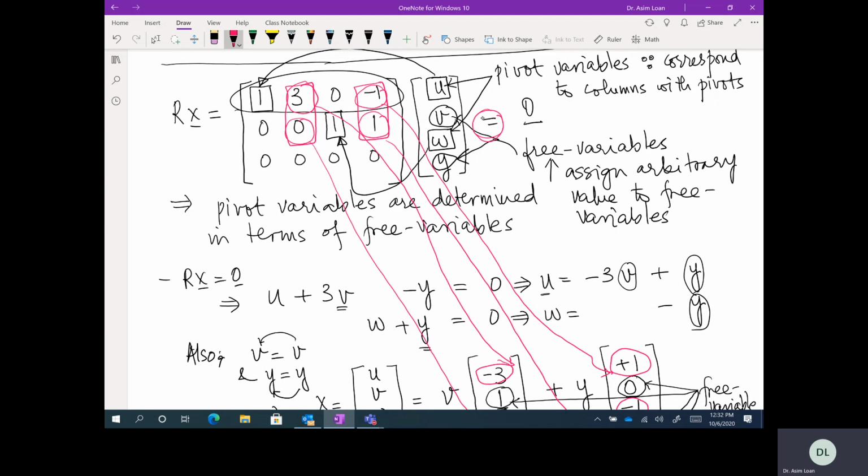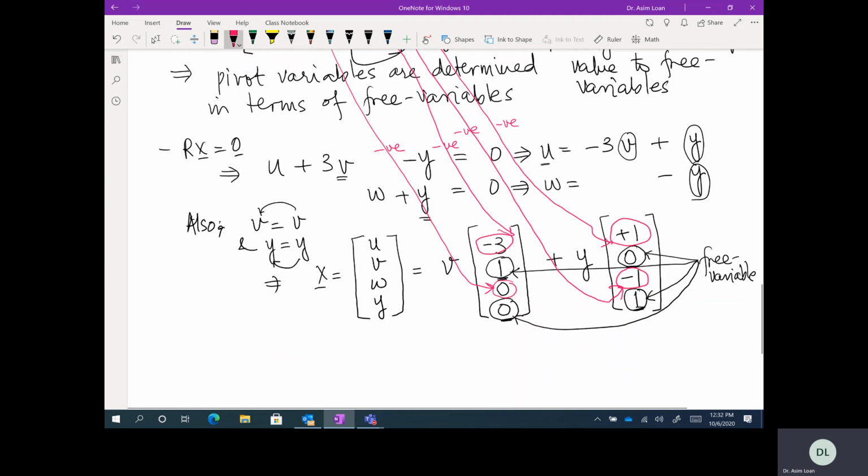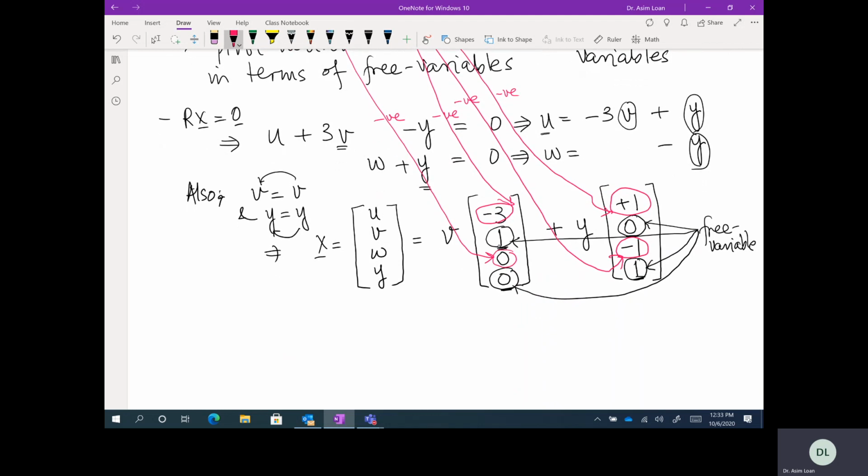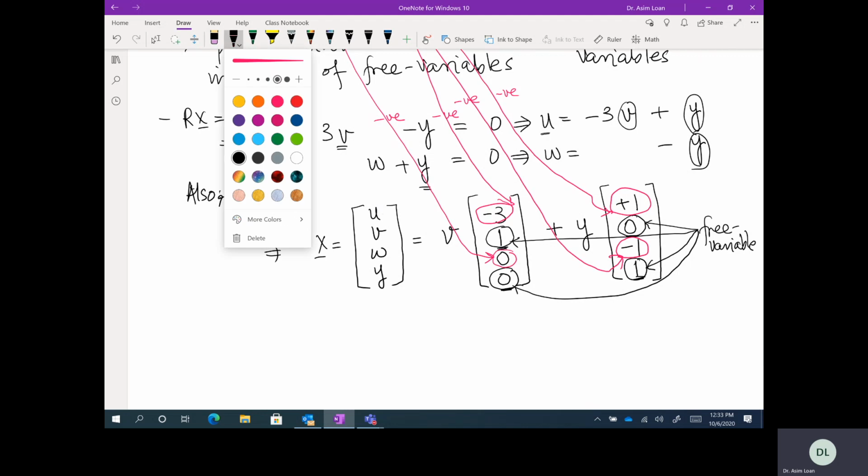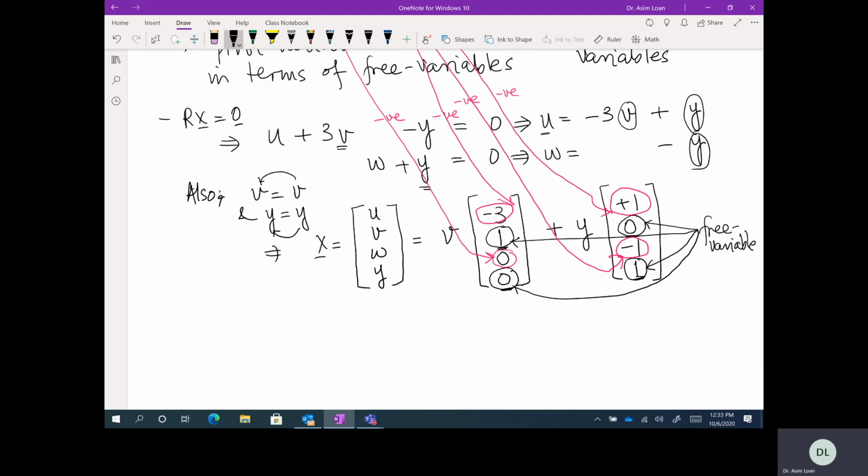So everything that is on the left of the equal to sign, when it goes to the right, becomes a negative in the solution, and your free variables alternately take the values 1 and 0. This is how you write the solution directly from the reduced row echelon form.